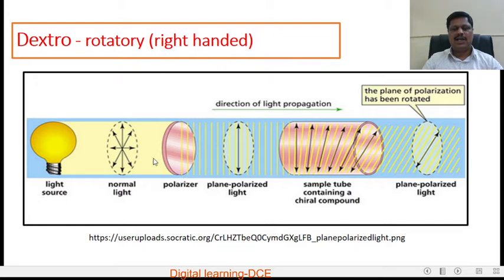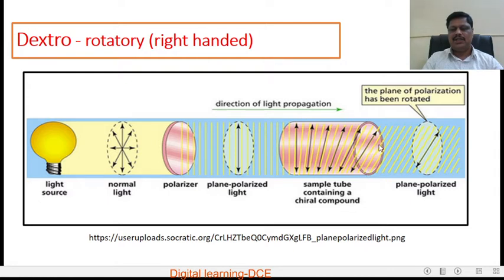This polarizer converts unpolarized light into plane polarized light having vibrations in only one plane or one direction.